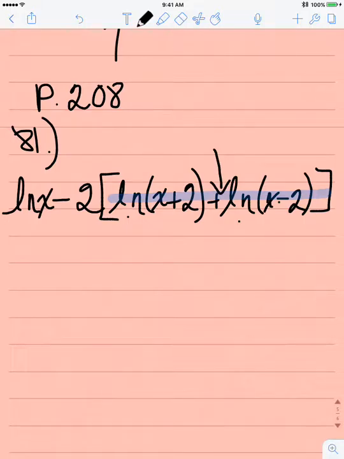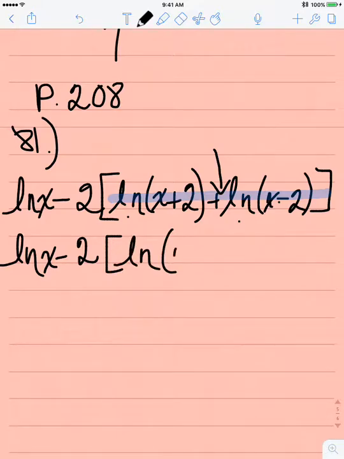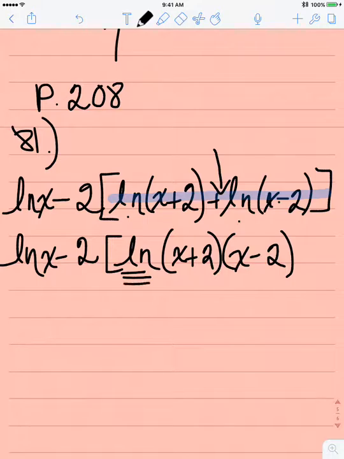The natural log of x plus 2 plus the natural log of x minus 2 is the same as the natural log of x plus 2 times x minus 2. When you condense, I should only see natural log once. I see it here, but this is separate. So we've condensed that a little bit.